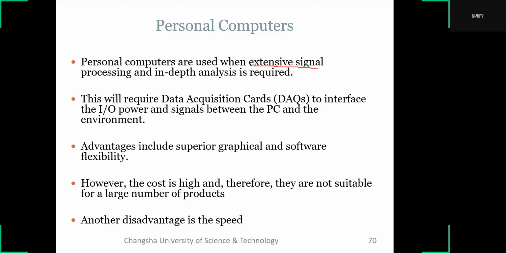This will require a data acquisition card to interface the I/O power and the signals between the PC and the environment.